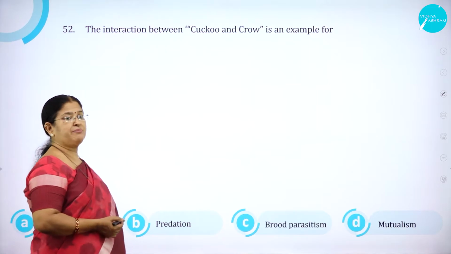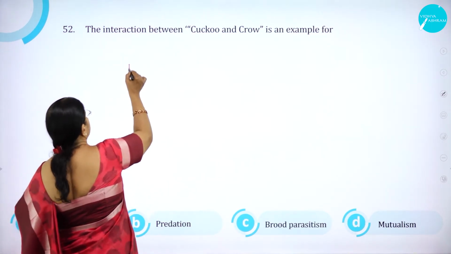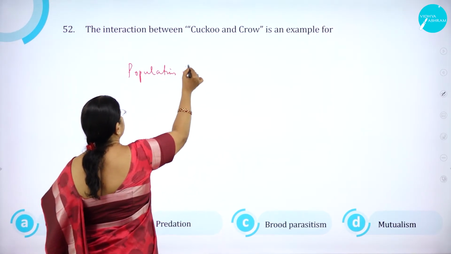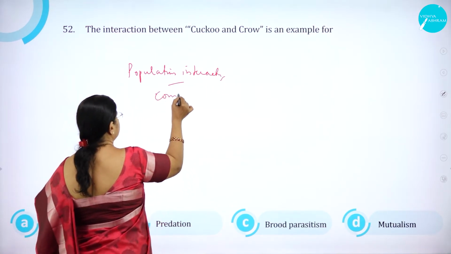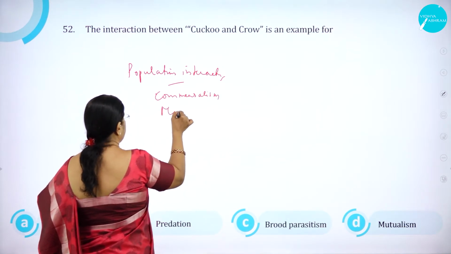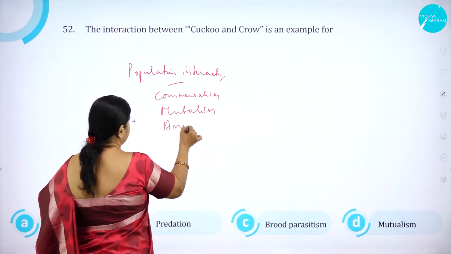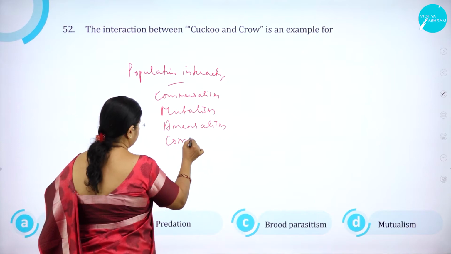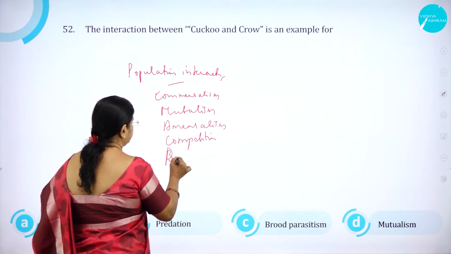The interaction between cuckoo and crow is an example for, you might have come across population interactions, like commensalism, mutualism, amensalism, competition, and parasitism.